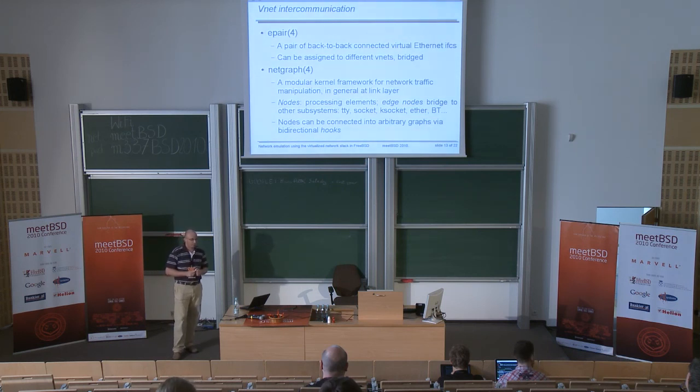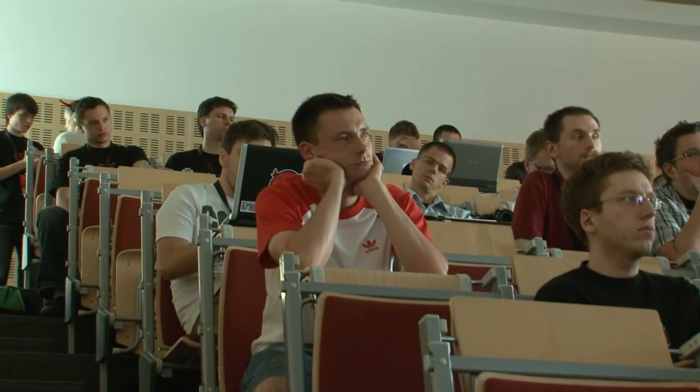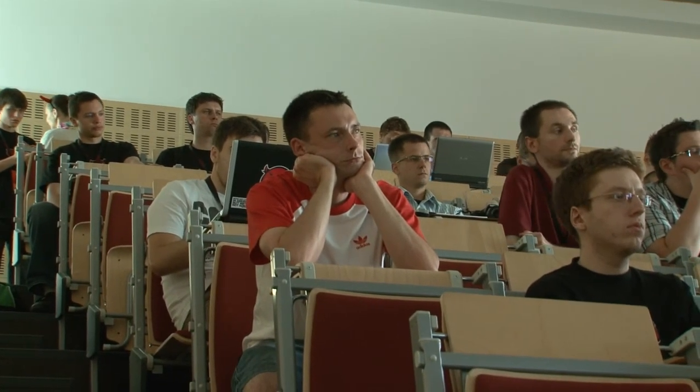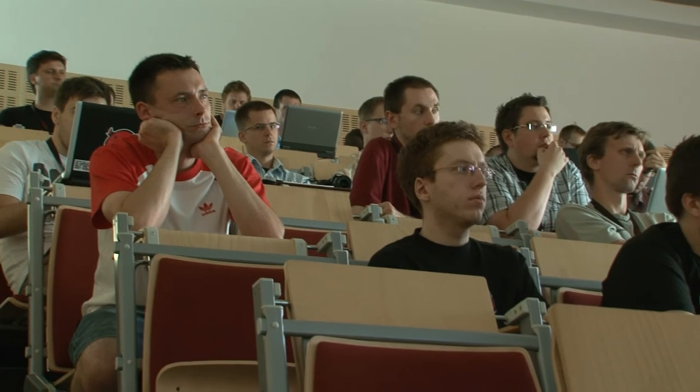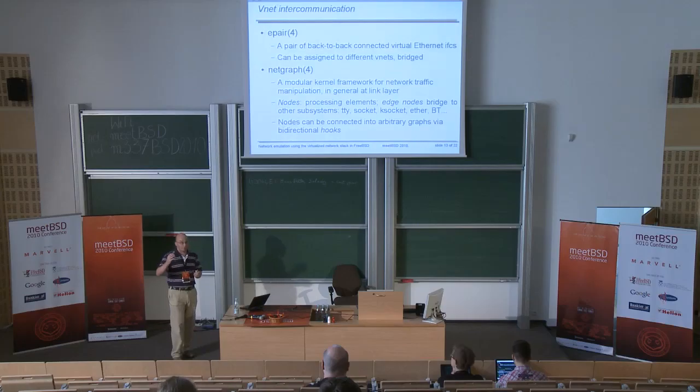Netgraph nodes are processing elements which can be either internal, in which case they only have netgraph hooks and nothing else, or they can be edge nodes which allow for interaction between netgraph and, for instance, the Ethernet subsystem, or inject raw packets to UDP or TCP sockets.